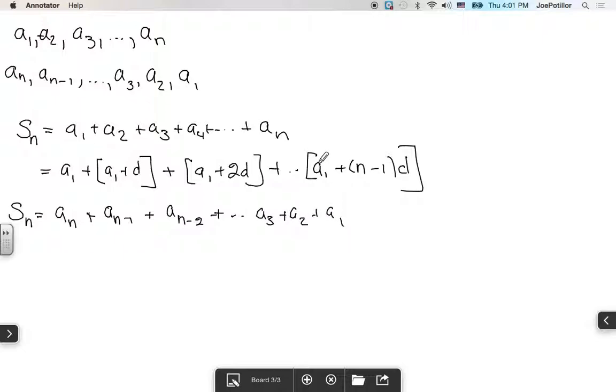Now in this situation, I'm going to rewrite it in terms of subtracting the difference instead of adding it.